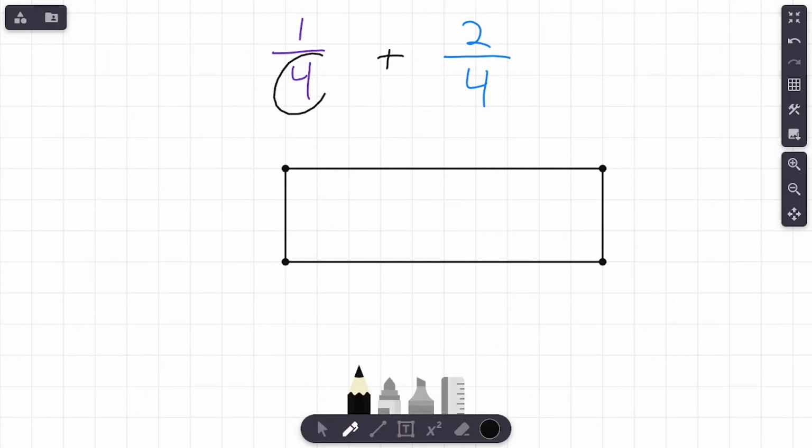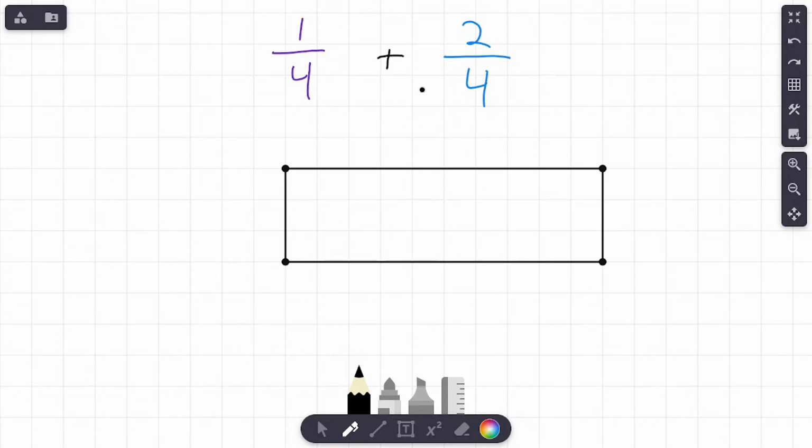If these numbers, our denominators, are the same number, it's going to make our job so much easier. If they're not the same number, well, that just means you've got a little work ahead of you. And we're going to cover that in our 5th grade fractions videos. So stick with us here. Let's master the 4th grade standard first.